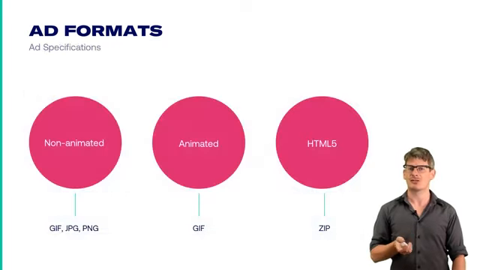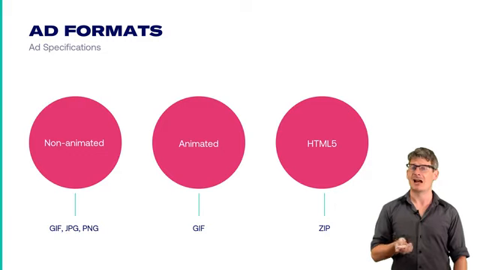Just some specifications around ad formats. We've got our non-animated ads, our static ads, which can be GIFs, JPEGs, or PNGs. We've got animated ads, which can be GIFs, and then we've got HTML5 ads, which can be uploaded into Gmail and expanded out in a specific ad format. We'll talk a little bit about those later.